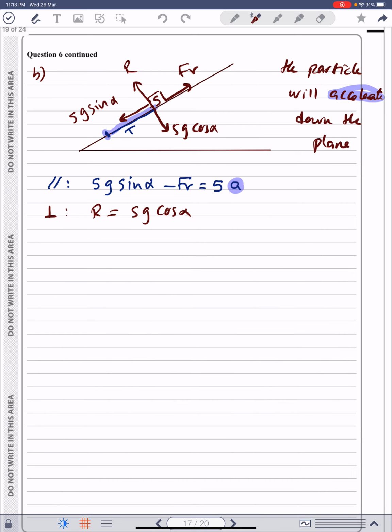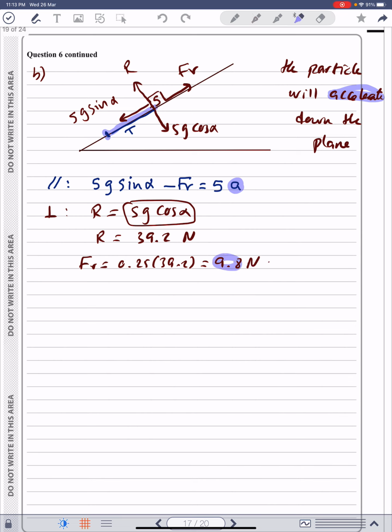By calculating directly, what do you find? 5g cosine alpha. Don't write it in the next step with unknowns, just write the value. So R in the calculator is equal to 39.2 newtons. And we know friction is 0.25 times R, which is 0.25 times 39.2, which is 9.8 newtons.